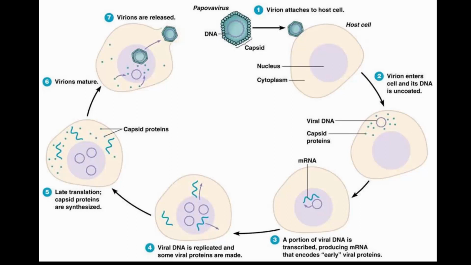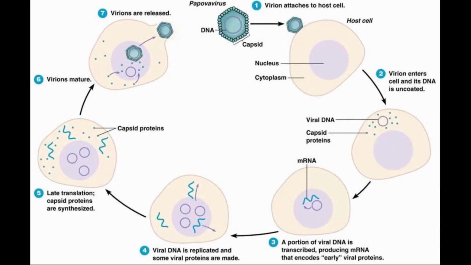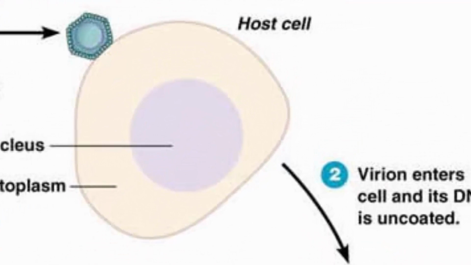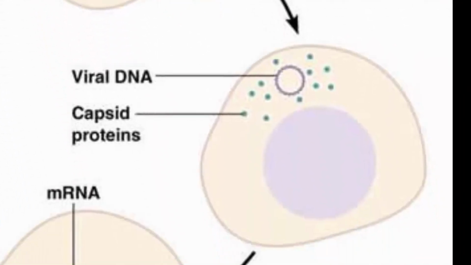Okay, now this diagram gets into actually how the virus accomplishes reproducing itself inside an infected cell. This example is the papovirus that's infecting a human cell, and you can see that the virus attaches itself, infects the cell, and the DNA from the virus gets released inside the cell.